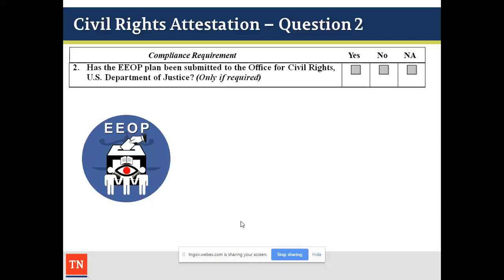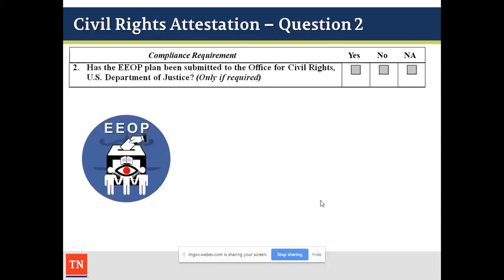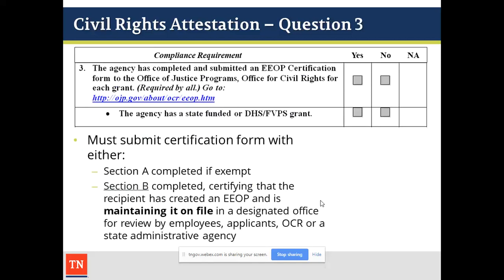Question 2 is asking, has an EOP plan been developed and submitted? So a lot of you, this will not apply because if you are exempt, then you're not going to be submitting a plan. And then the third question is asking, have you submitted an EEOP certification form to the Office of OCR, the OCR office?